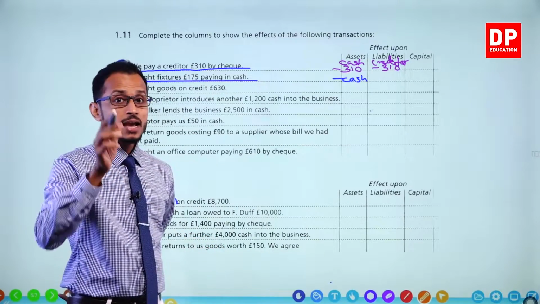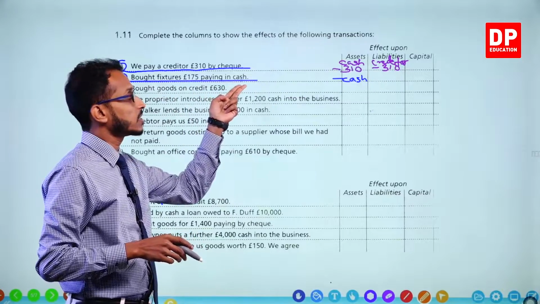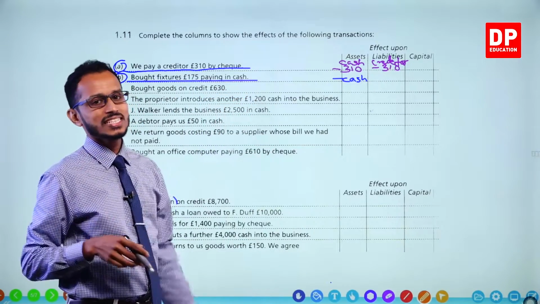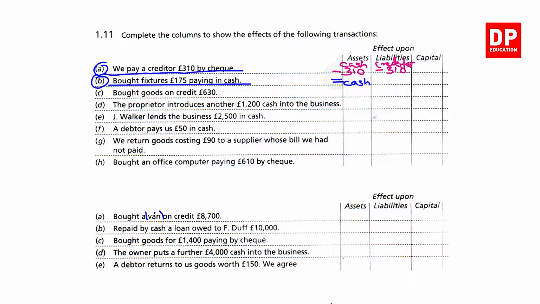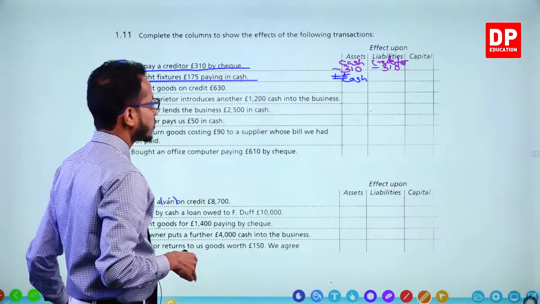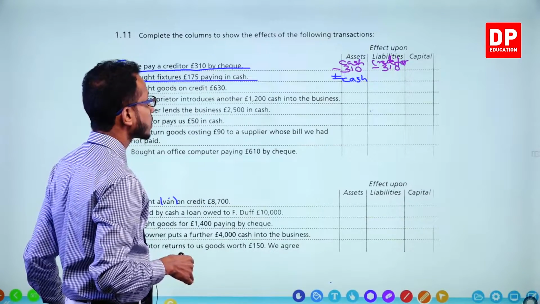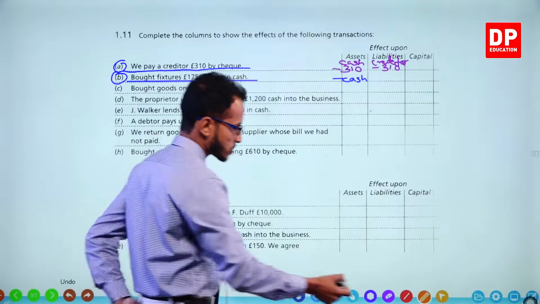At the same time, children, because more fixtures are bought, fixtures asset increases. I have very limited space, so I will write fixtures under assets itself. We should have separate columns, right?